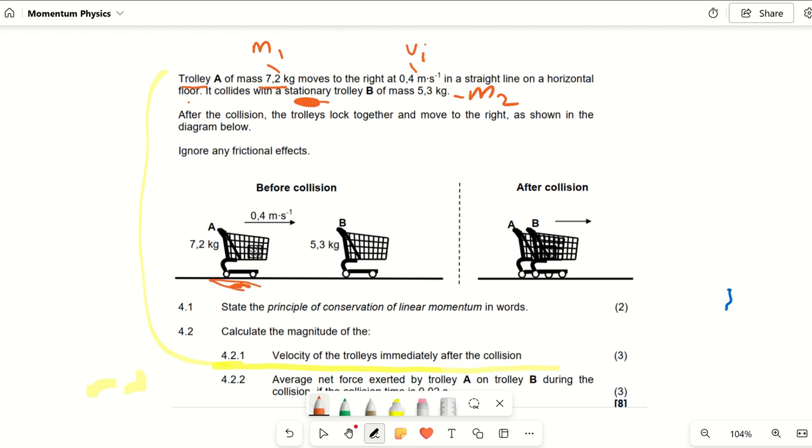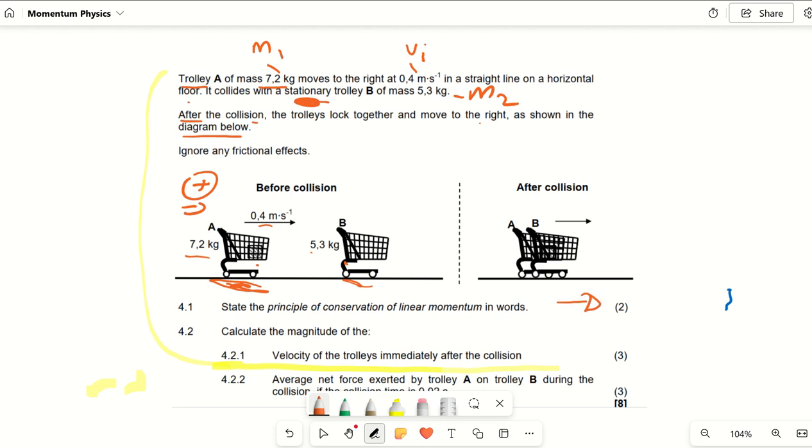You've got this trolley here that is moving at 0.4 meters per second with that mass and moves towards the one that is still, at 5.3 kilograms. It's not moving. So we can take the right direction as the positive and the left direction as the negative. Okay, that's fine. We continue reading. After the collision, the trolleys lock together and move to the right as shown in the diagram below. So once this one collides with this, they lock together and then they move to the right.